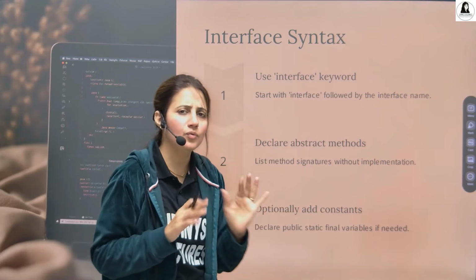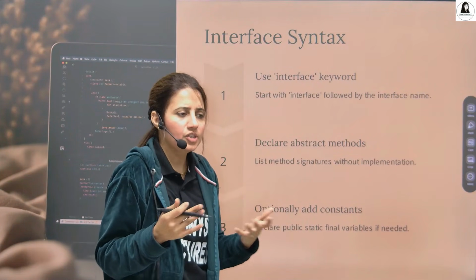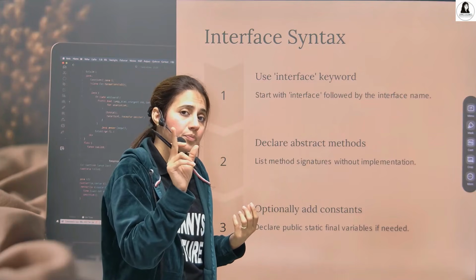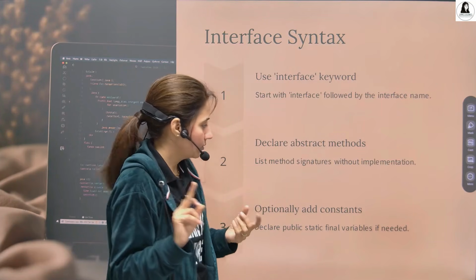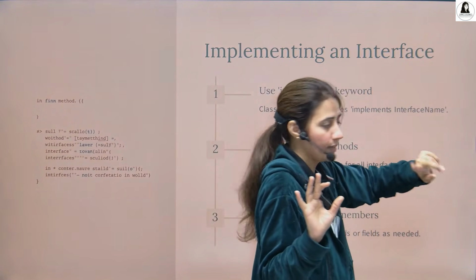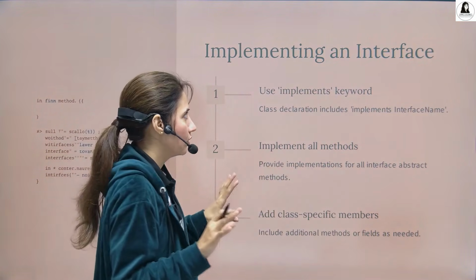If needed, then only we take those constants. Otherwise, generally we don't have any variable or constant in the interface. Instance variables are not allowed in interfaces because interfaces do not store any state.